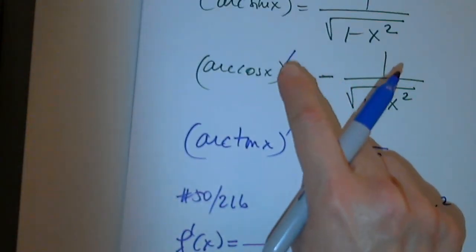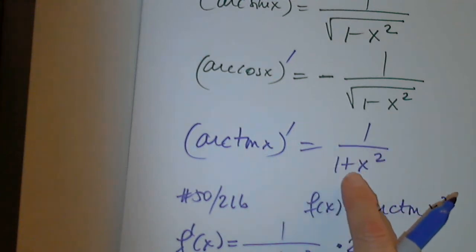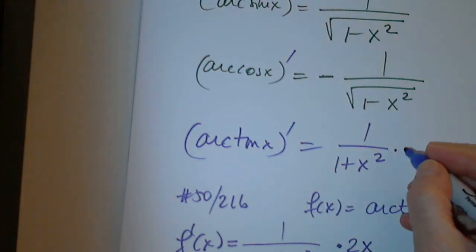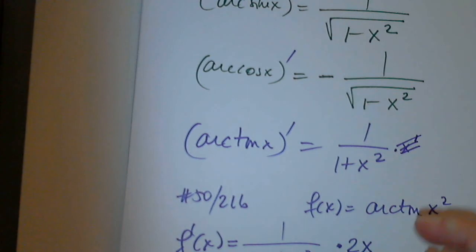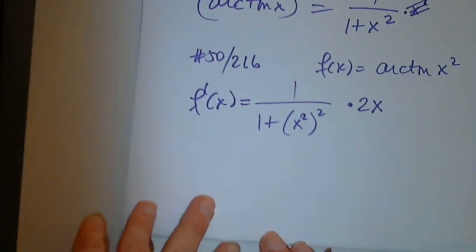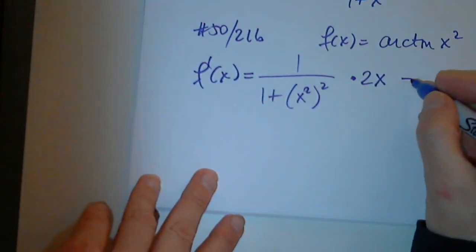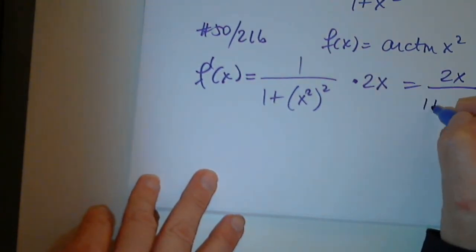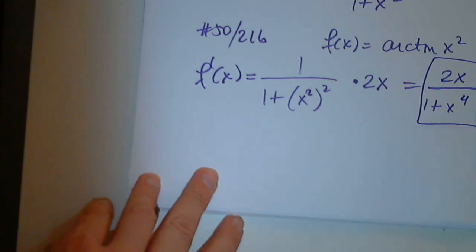So if I only have x, I have 1 over 1 plus x squared. If you like, times x prime, but there is no need because it's 1. But if instead of x I have any other function, I have to multiply by its derivative. So then the simplified form will be 2x over 1 plus x to the 4th.